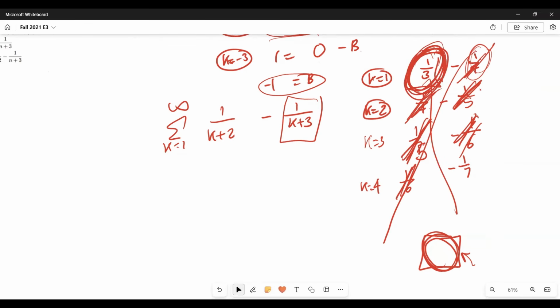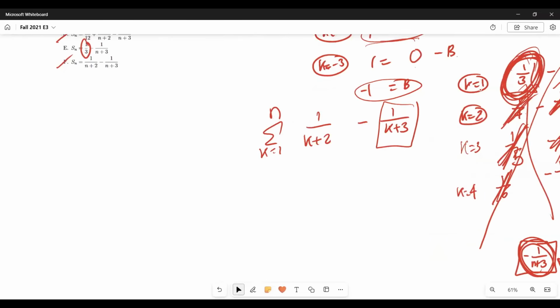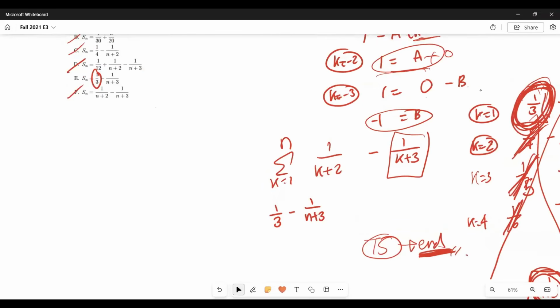When k is 1 to n, not infinity, the last term is minus 1 over n plus 3. So if you add all those terms, you get 1 over 3 minus 1 over n plus 3, because the middle terms are cancelled out. The telescoping series cares about the endpoints, so make sure whether the endpoints are cancelling out or not. Which is why the answer is, as we expected, E.